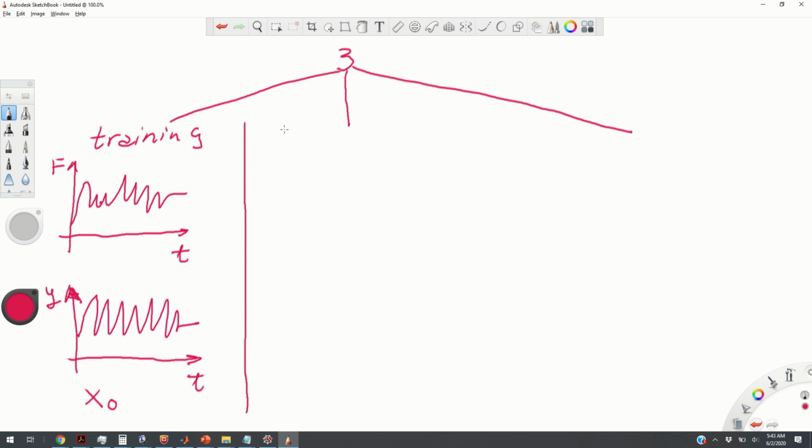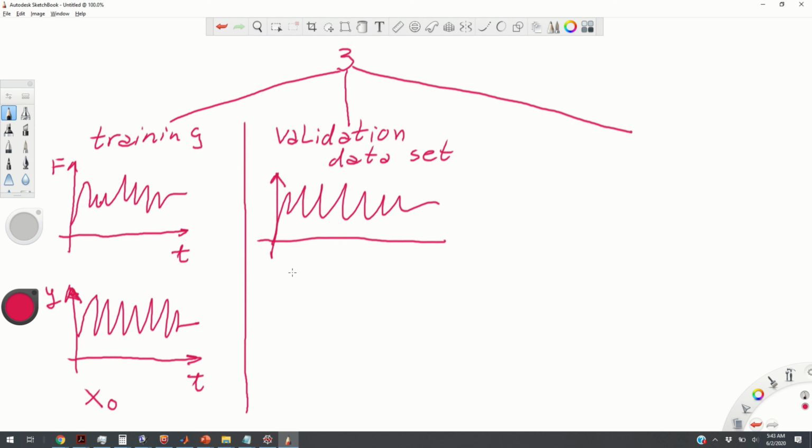The next data set is the validation data set. Again, for a random input force, we are going to simulate the system to obtain a random system response.